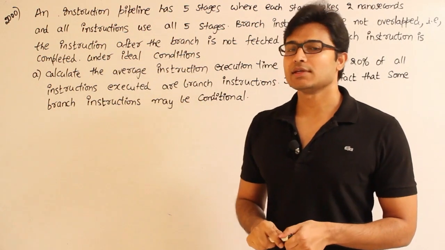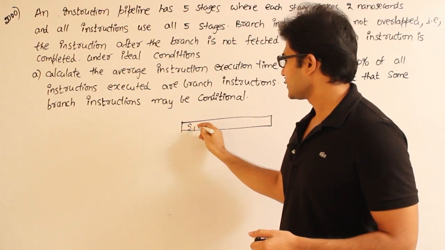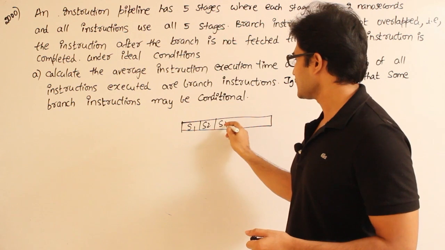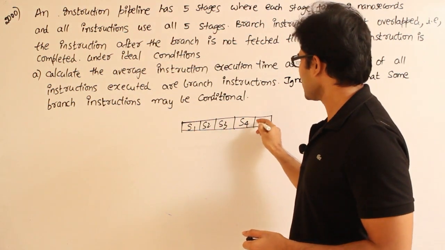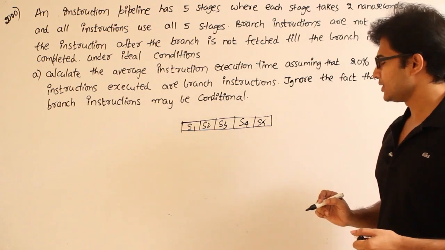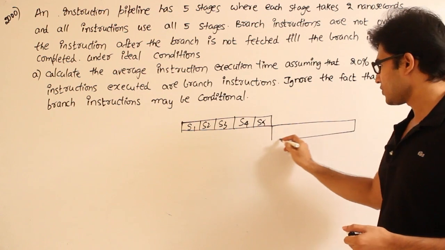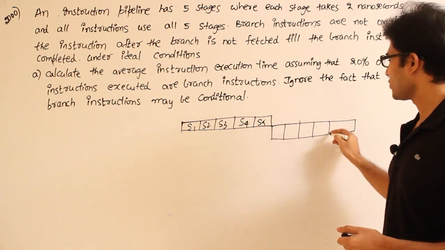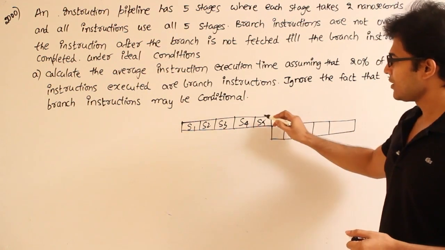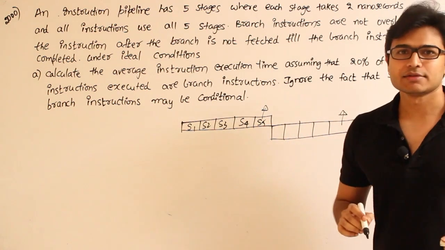So what are they saying? If you have 5 stages, S1, S2, S3, S4, S5, and this is a branch instruction, then we will not start the next instruction until the execution of the first branch instruction is done. Therefore, for branch instructions, one instruction will come out every 5 clock cycles.